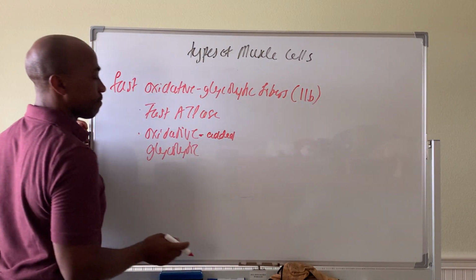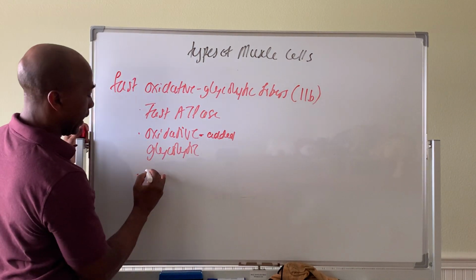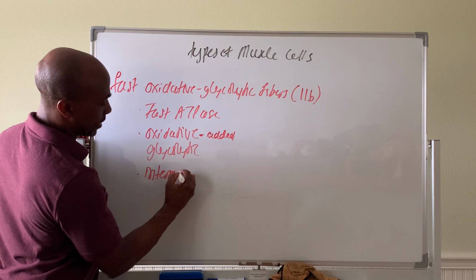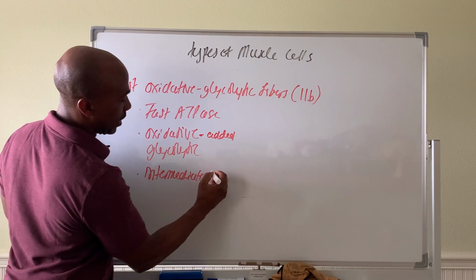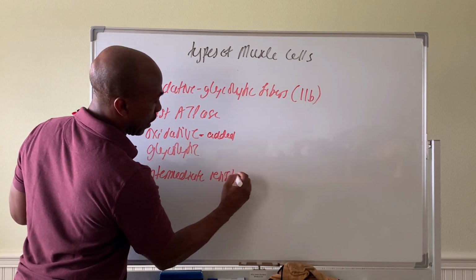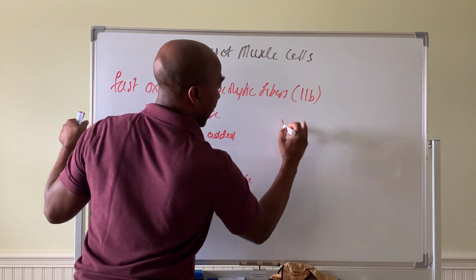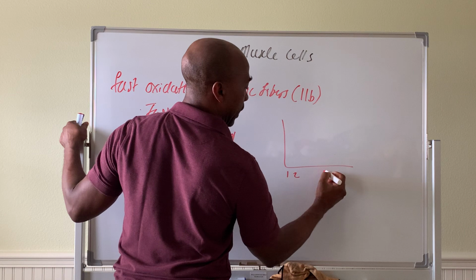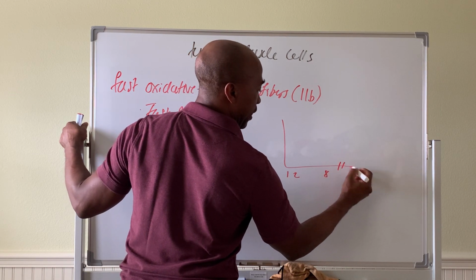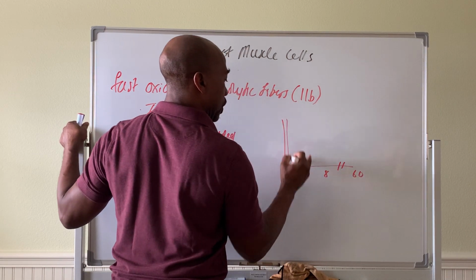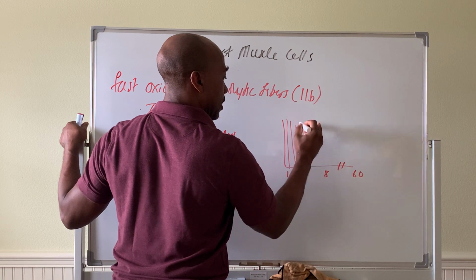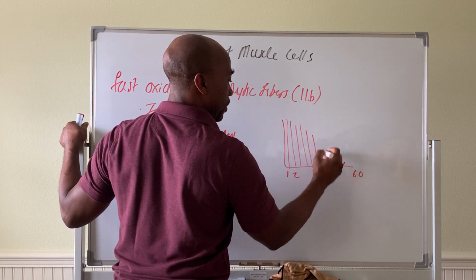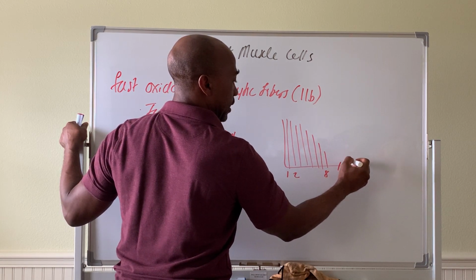You want that. So here, these cells have intermediate resistance. So now they may last up to, say, maybe 8 minutes or so before they fatigue out. So you can get good responses about here, then they die out again.